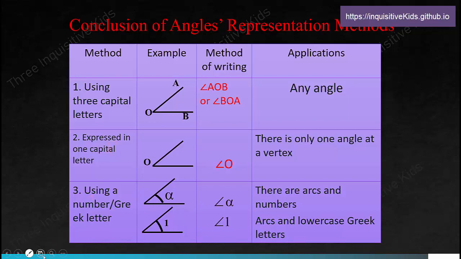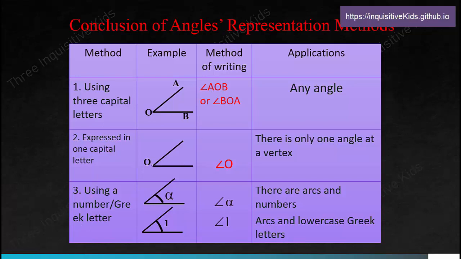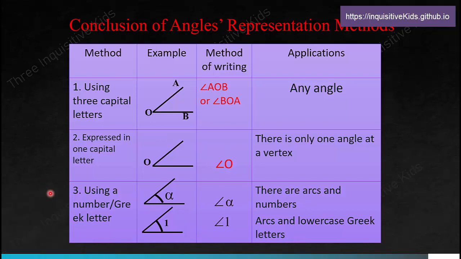If you say you have one more emerging from here, then you couldn't use this way because you wouldn't be sure which angle O you were talking about. Now we have using a number or Greek letter. So there are arcs and numbers, arcs and lowercase Greek letters.